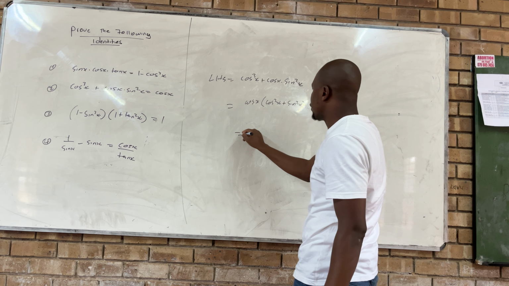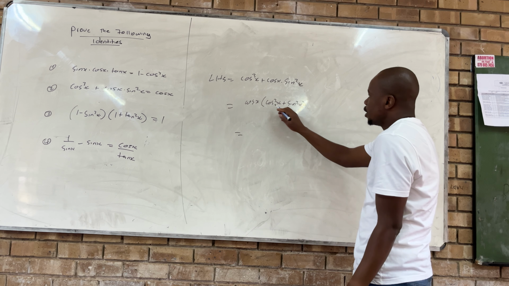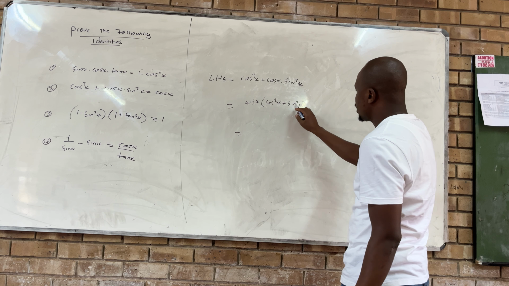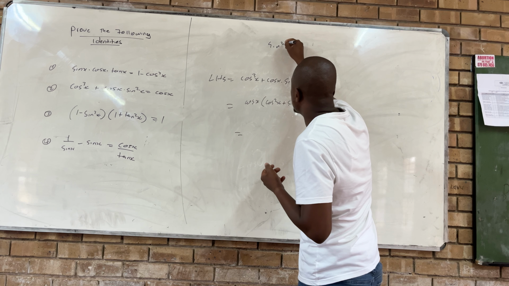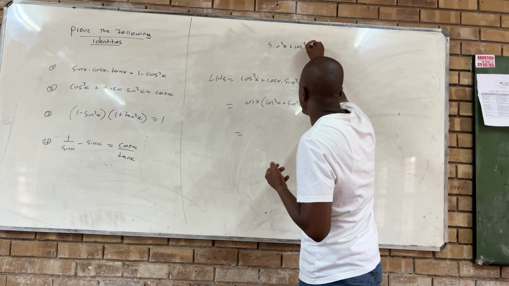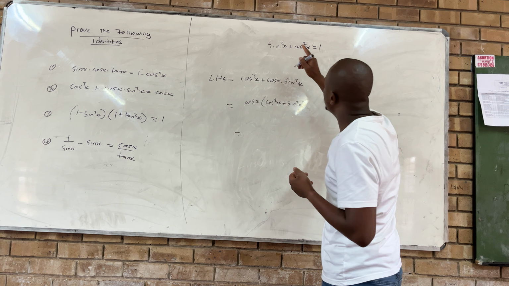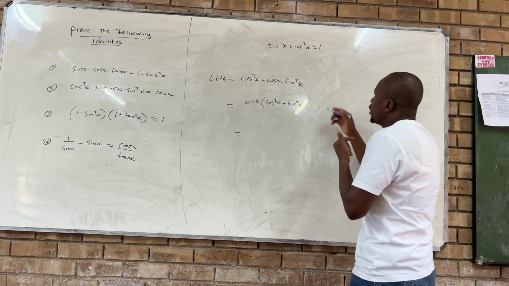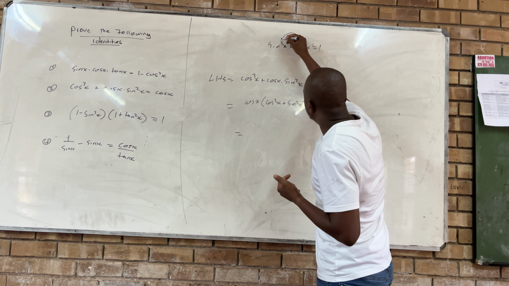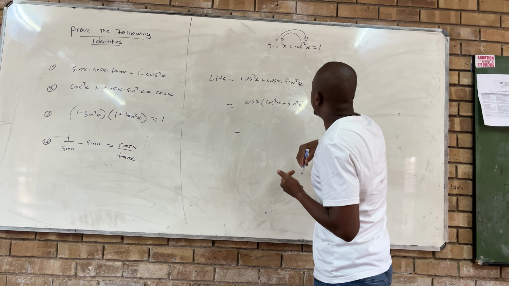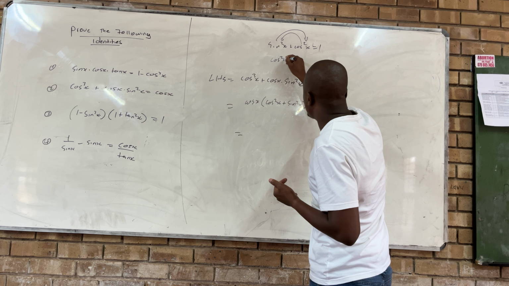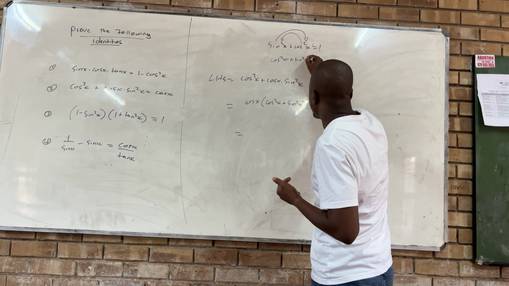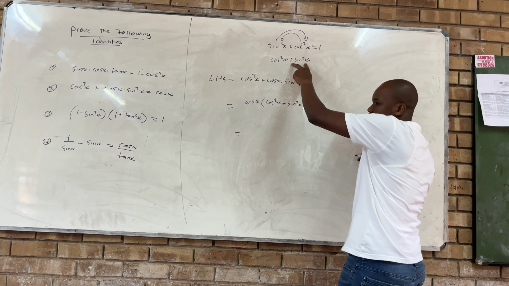From this part, you know that cos squared x plus sine squared x, I spoke about this earlier: sine squared x plus cos squared x equals 1. If they have rearranged this, cos squared x plus sine squared x, it doesn't matter the position.